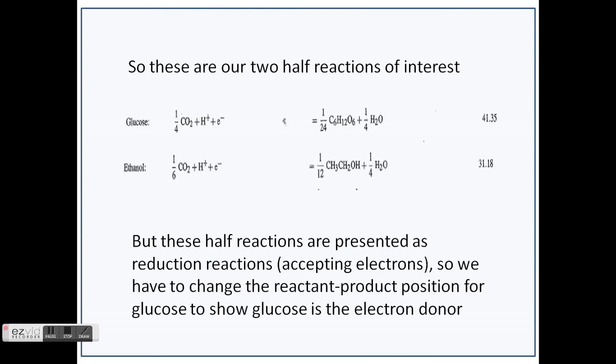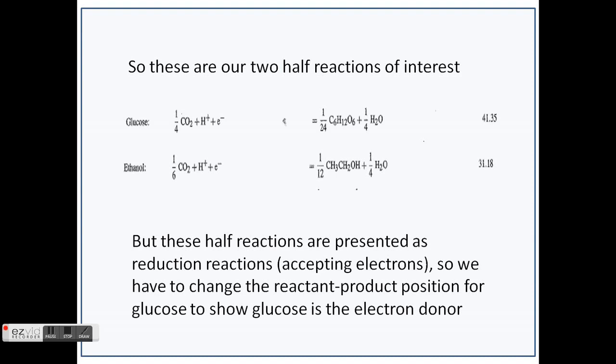We have those two reactions of interest here, but the half reactions in this text are presented as reduction reactions. That is, you have the electrons on the left hand side, which means that it is accepting electrons, and that makes it an acceptor half reaction.